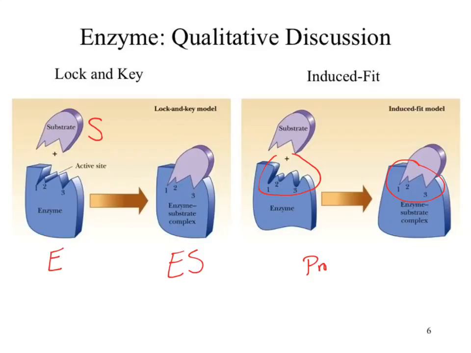P. So if we were going to write this out as a reaction, we start with our enzyme plus our substrate, which goes to our enzyme substrate complex. After we form the complex, we can then go through to the product. So that's going to be kind of our overarching reaction symbolism that we'll go through.